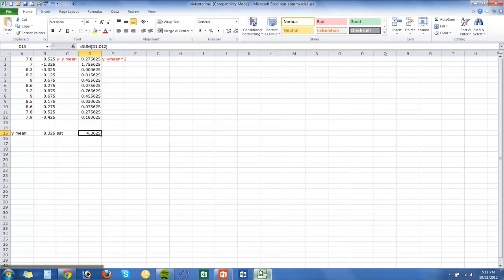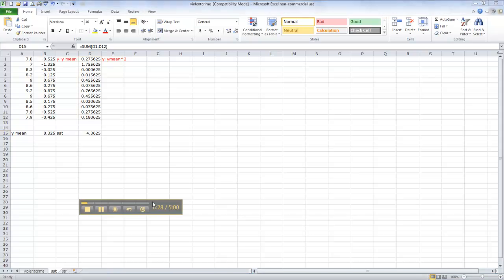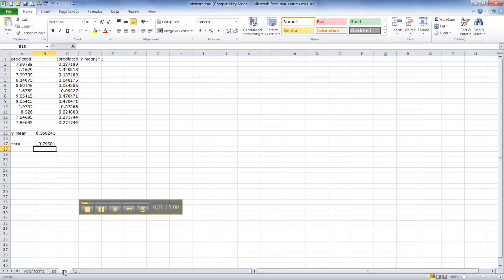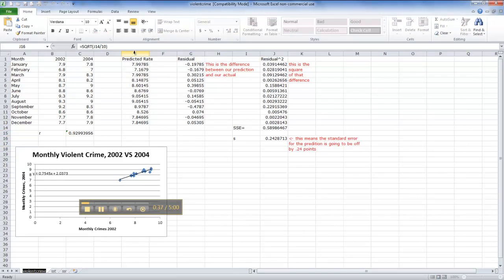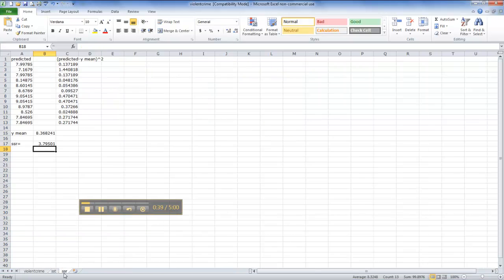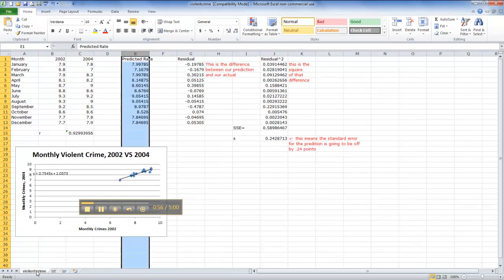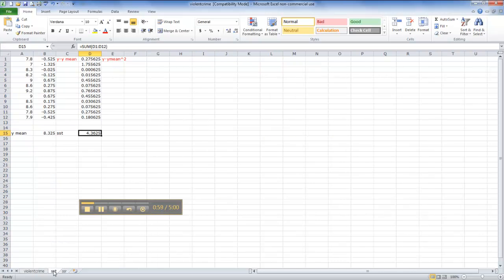Speaking of Excel, open sesame. So I even did an Excel sheet on SSR. So this is our predicted. What I did is I copied and pasted it from our predicted rate here, because it's our predicted rate subtracted by our y mean, squared. So instead of doing 3 columns this time, I got a little fancy with my Excel formulas. I also copied my y mean over, but that looks different than my y mean over here. Why? Did I calculate the wrong mean? Oh, this is a formula. This should not be a formula.